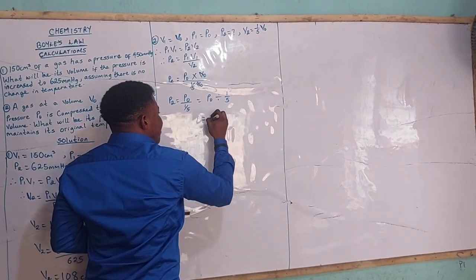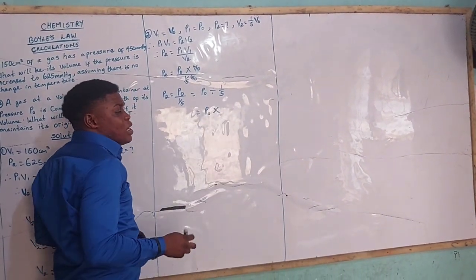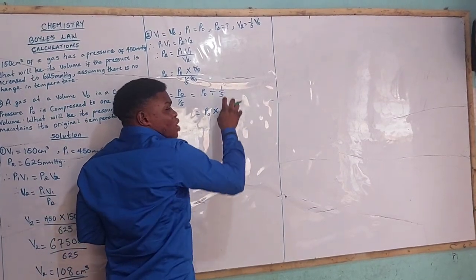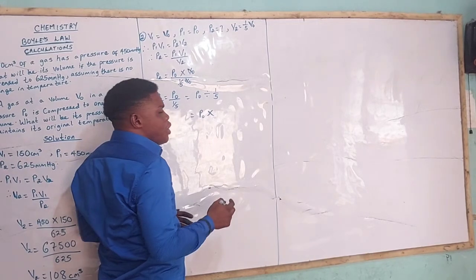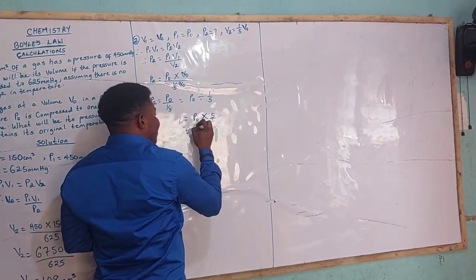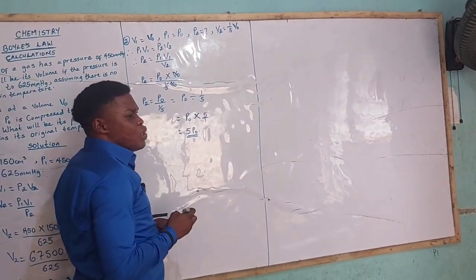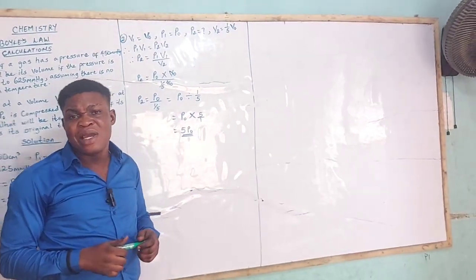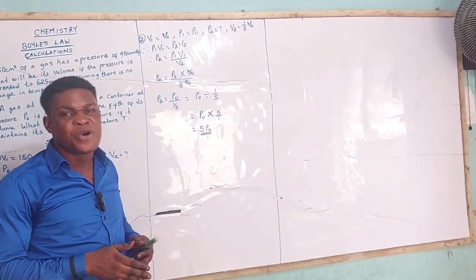Your division changes to multiplication, and the 1/5 is inverted: numerator becomes denominator, denominator becomes numerator, so we have 5/1. Definitely we have our answer to be 5P0. Do we understand?